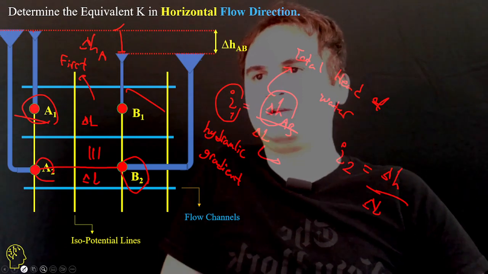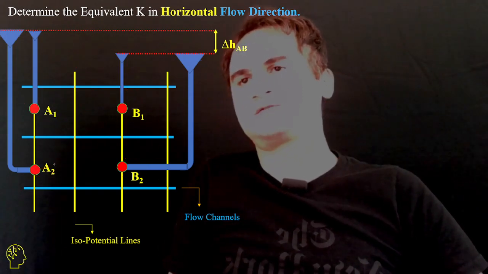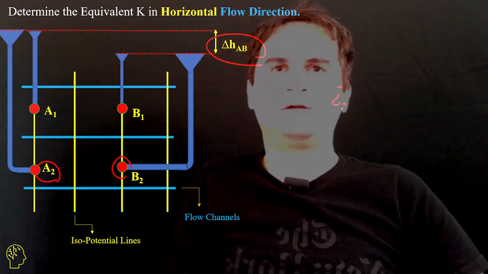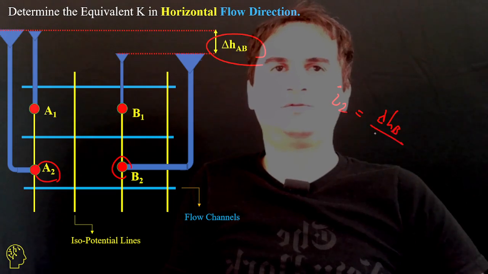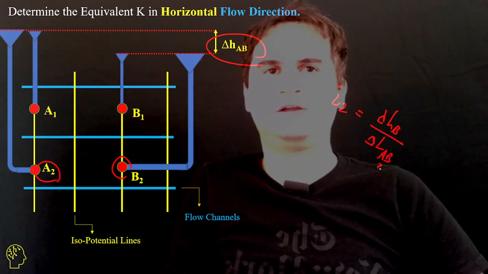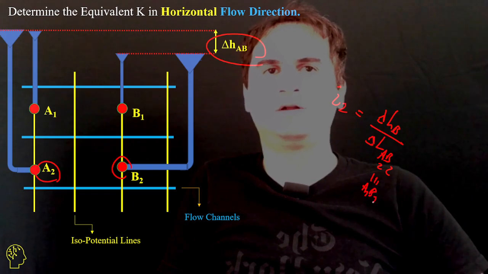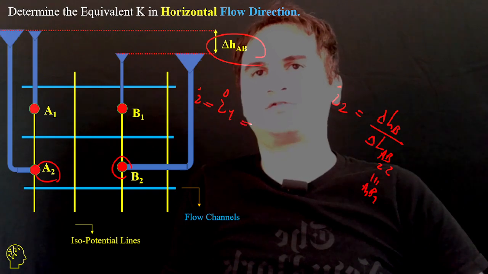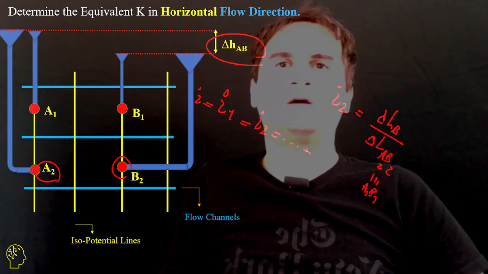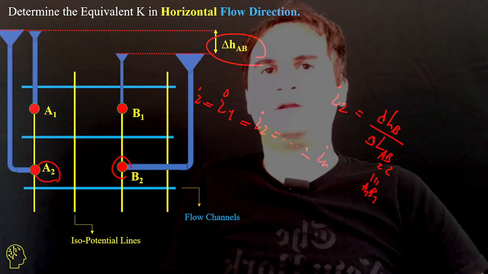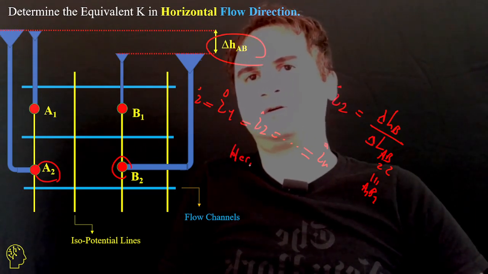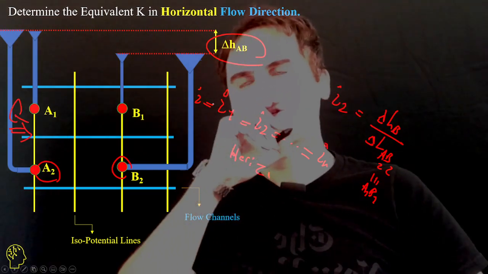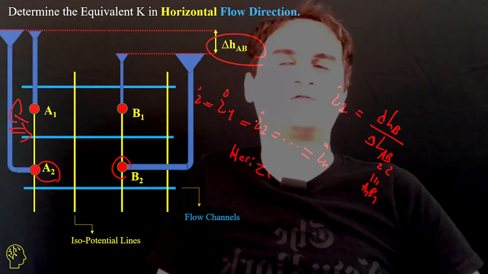And the head loss from A2 to B2, again, I2 is delta H over delta LAB. A2B2 is equal to A1B1. It just says the hydraulic gradient I remains the same in each layer in horizontal flow direction.